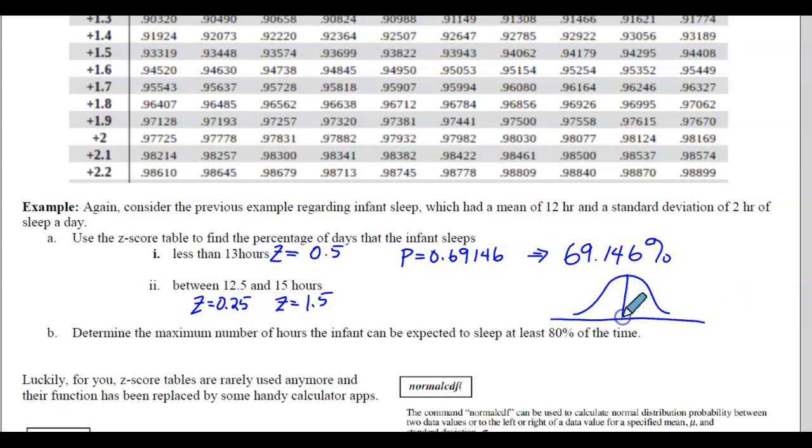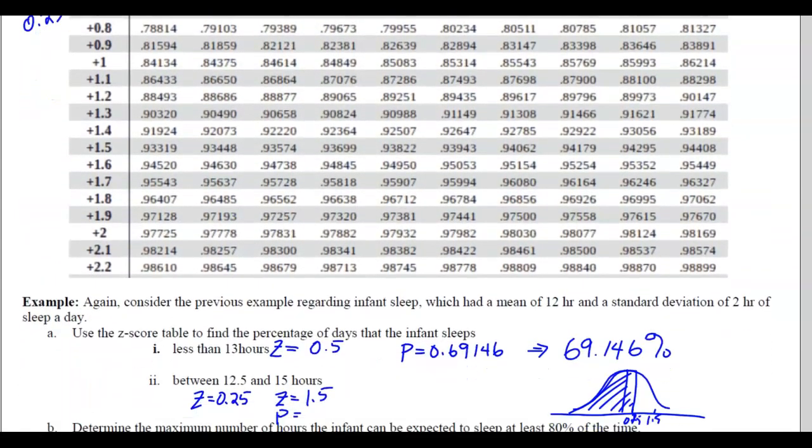There's your mean, there's 0.25 and 1.5. That z-score table is going to give you the area underneath all the way from the left. So we're going to have to take the area under the curve up to 1.5 and subtract the area up to 0.25.